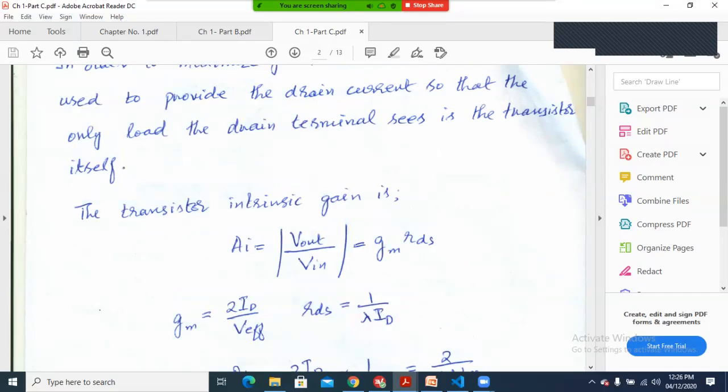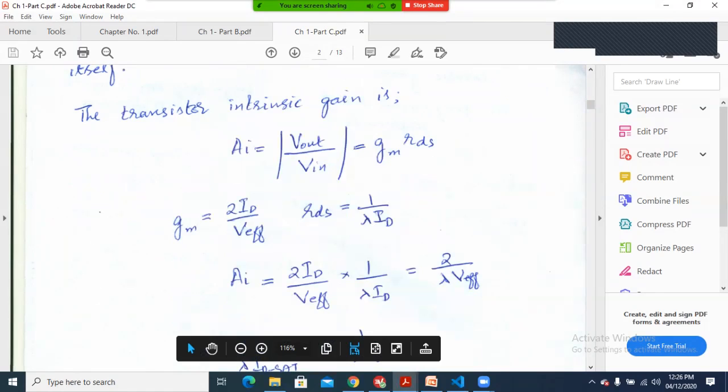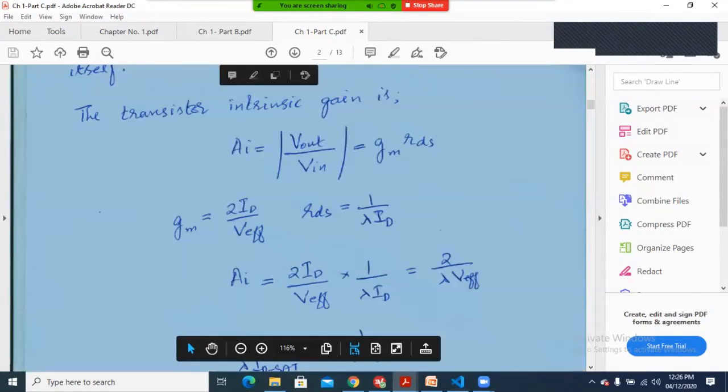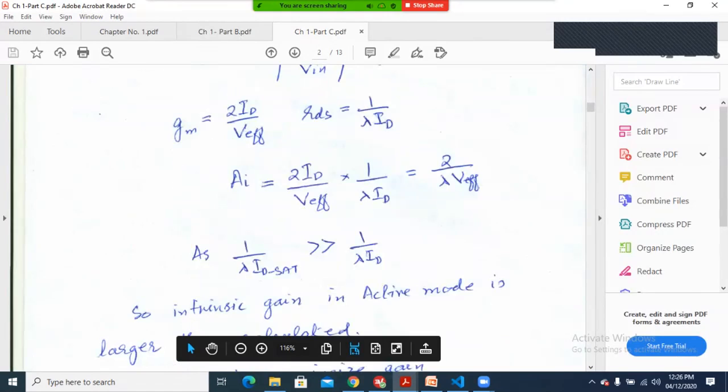Sorry. So the value of gm is equal to 2 ID by Vov, and RDS is equal to 1 by lambda ID. So intrinsic gain is 2 ID by Vov into 1 by lambda ID. So ID cancels ID, and that is equal to 2 by lambda Vov. So the intrinsic gain is equal to 2 by lambda Vov.